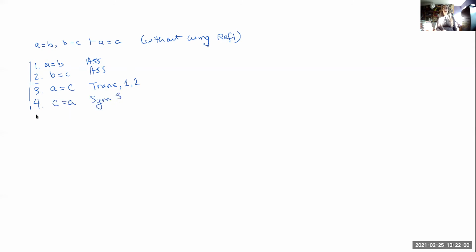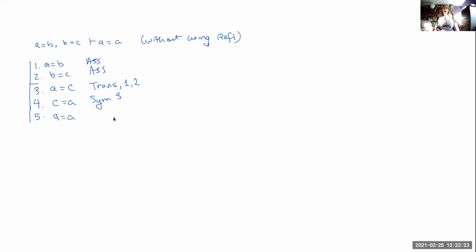Symmetry, line 3. But now, if term 1 equals term 2, and term 2 equals term 3, well, term 1 equals term 3. So I can do transitivity on lines 3 and 4, even though it doesn't actually have 3 distinct terms. Nothing in our rule says they had to be distinct.